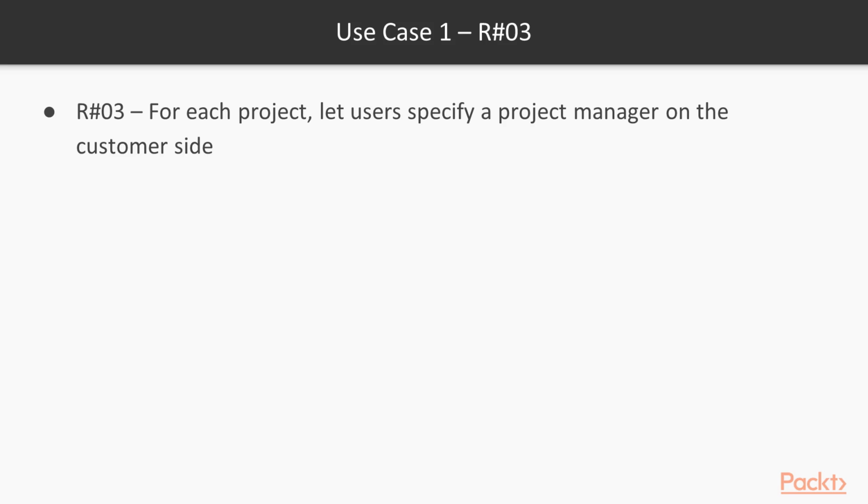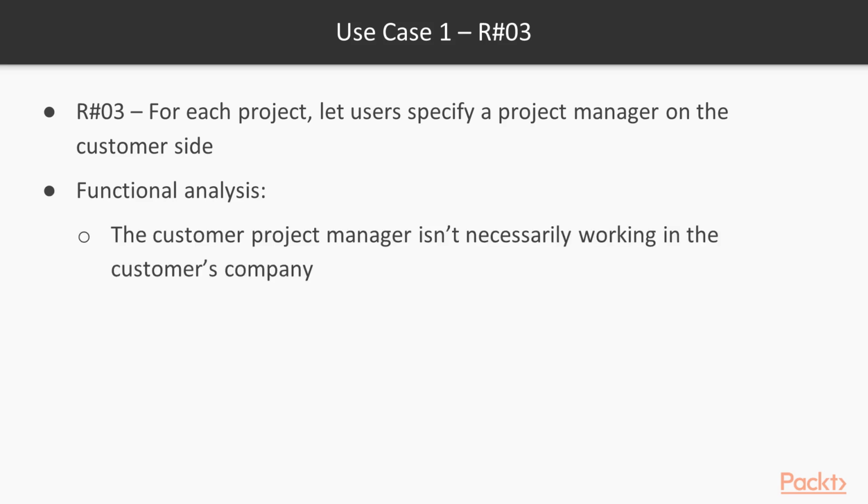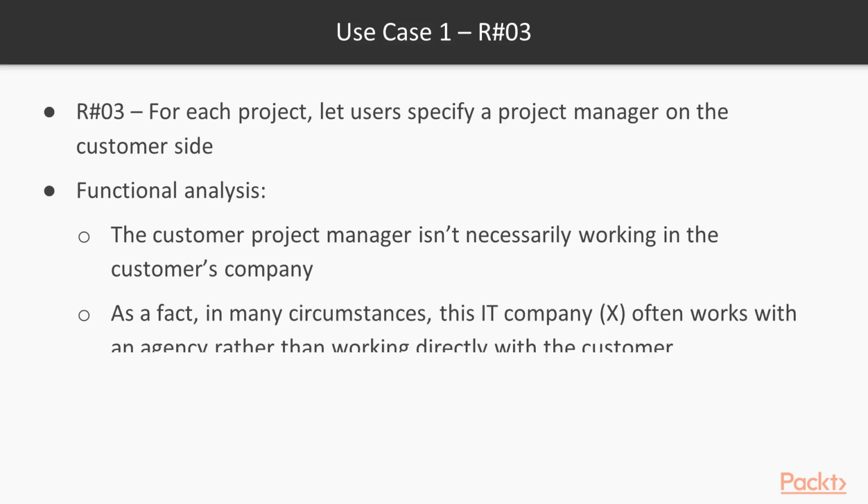So let's start with the functional analysis. The customer project manager isn't necessarily working in the customer's company. In fact, in many circumstances, this IT company, which we will call X, often works with an agency rather than working directly with the customer.